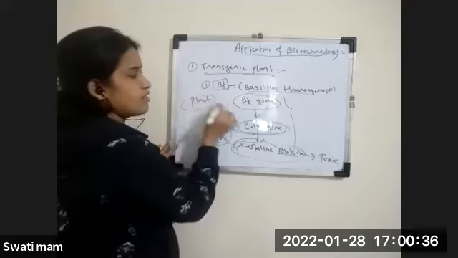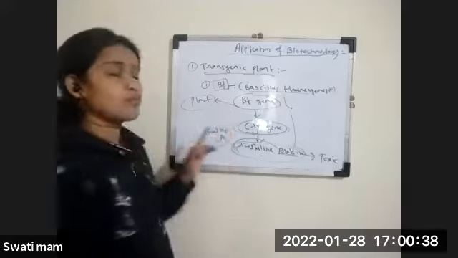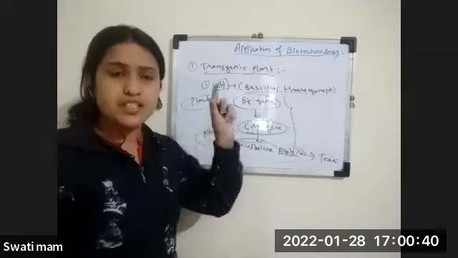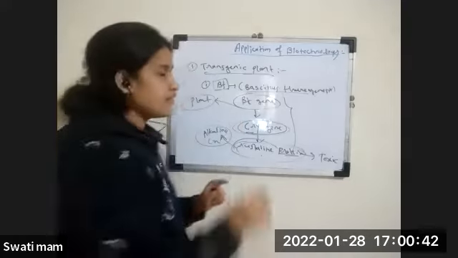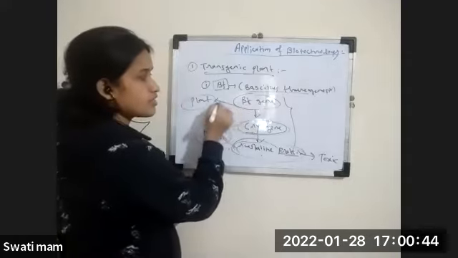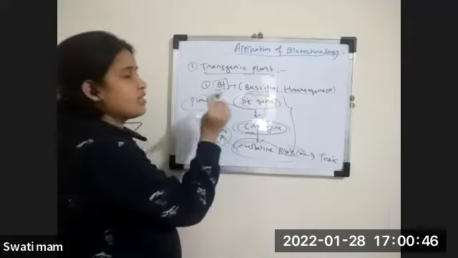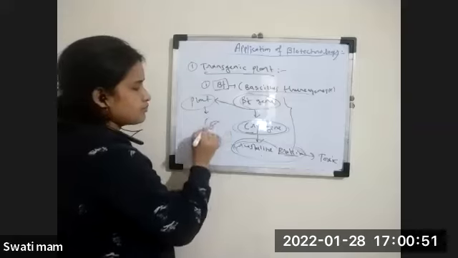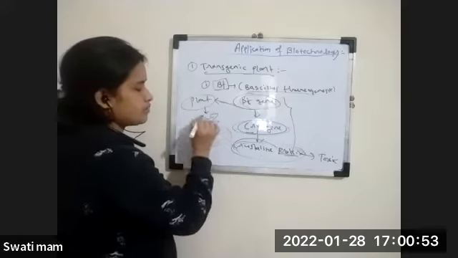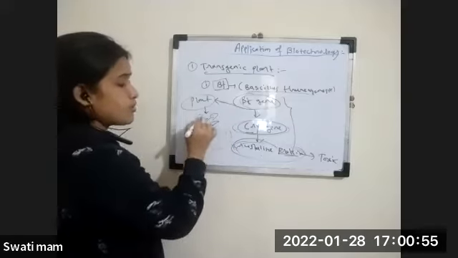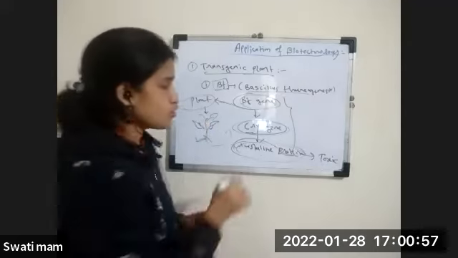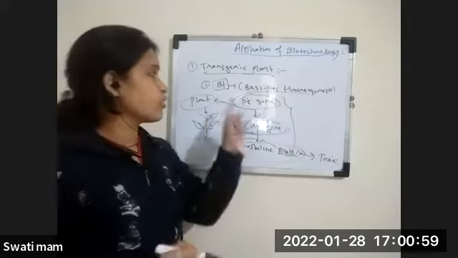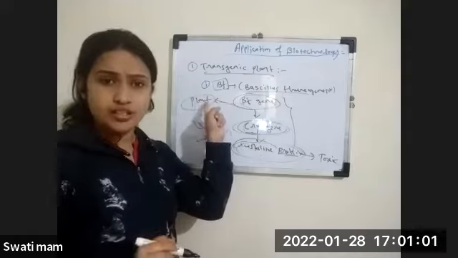On that plant, the incorporation of this BT gene occurred. We took a simple plant and within that plant we are inserting this BT cotton gene. After that, what happened? Each part of the plant has the presence of this cry gene, because we are incorporating this BT gene onto the plant.